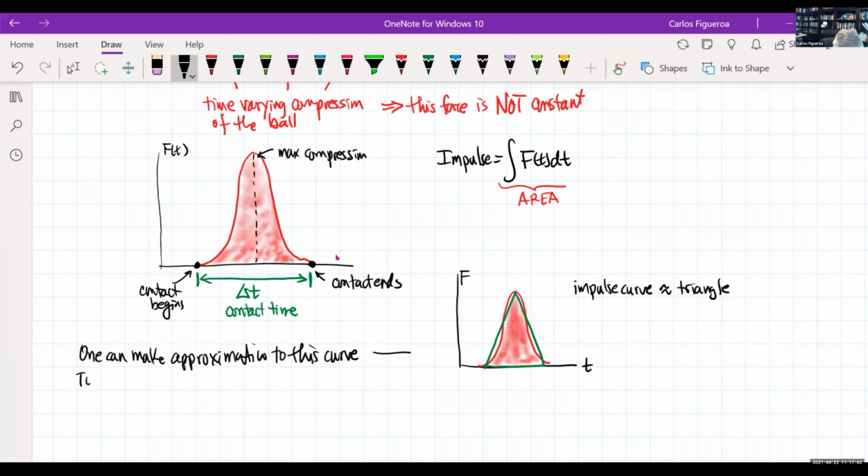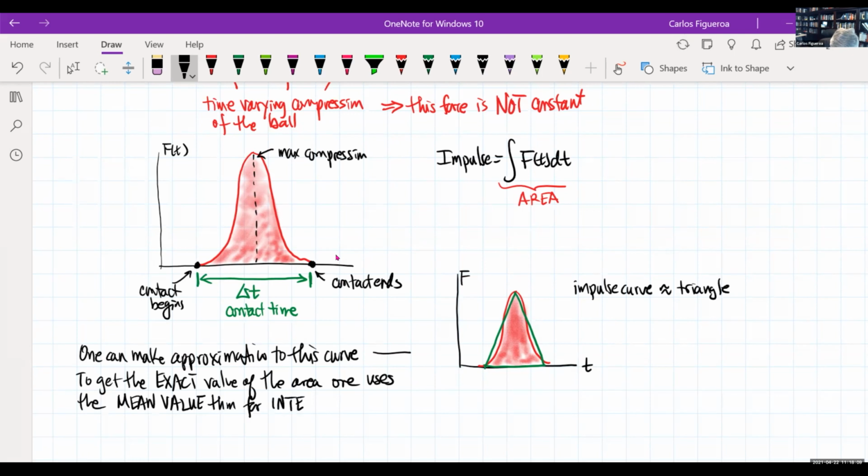So to get the exact value of the area, one uses the mean value theorem for integrals.